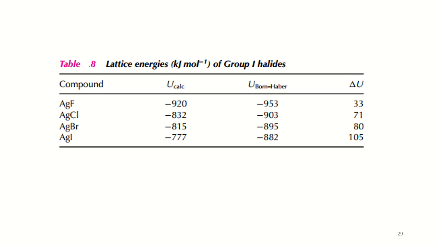Data for the silver halides, for example shown in this table, and for thallium and copper halides, which is not given, show that the differences between the two lattice energies are least for the fluorides and greatest for the iodides.